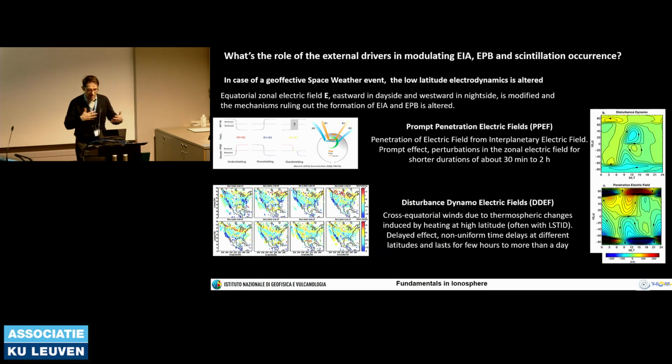So the resulting effect is an interplay between these two, with this prompt and delayed effect. And the most important thing is that it has a strong dependence on the longitudinal sector, on the local time dependence of the storm development.